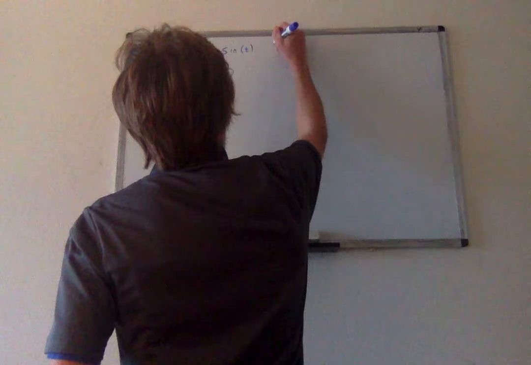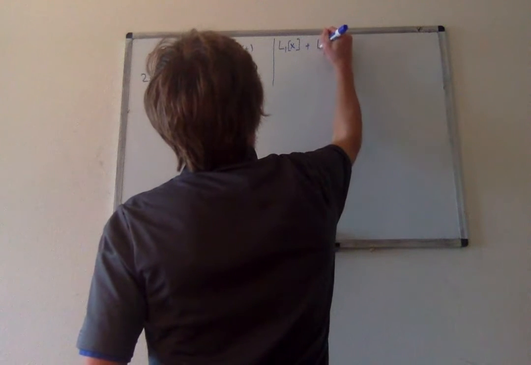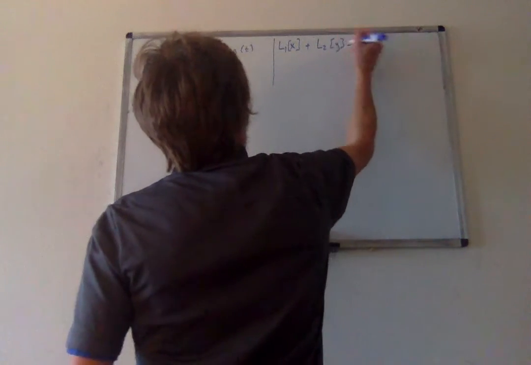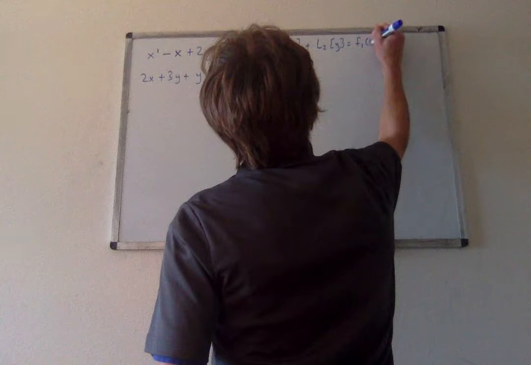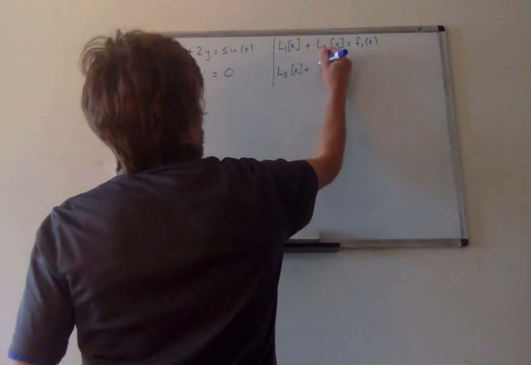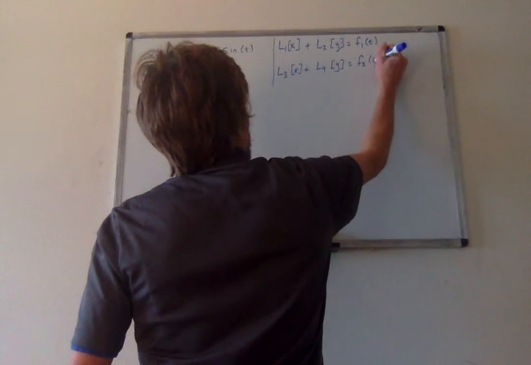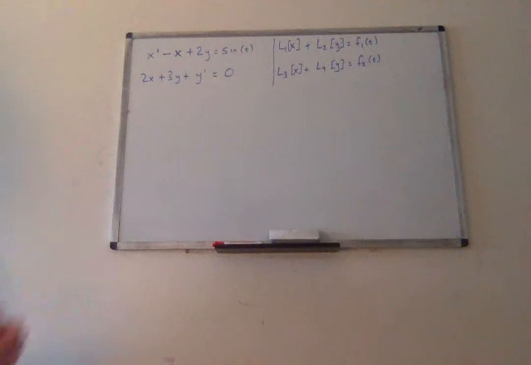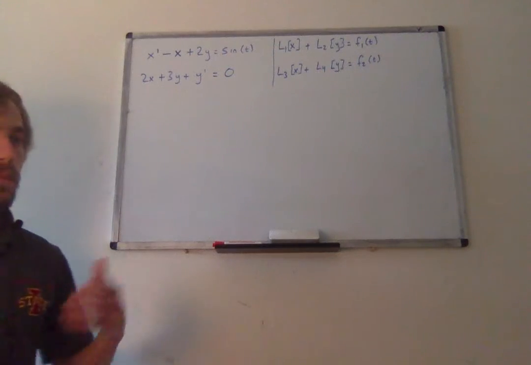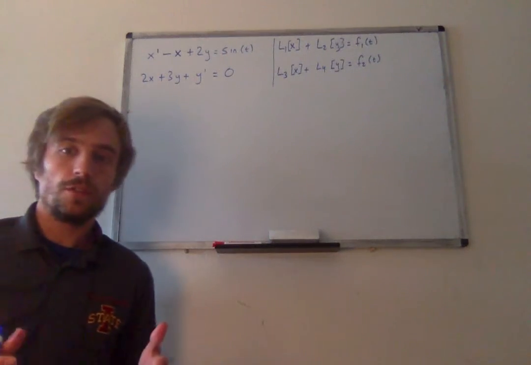So what we're going to do is rewrite it in this form, where L1, L2, L3, and L4 are differential operators, telling us what order derivatives should appear in each equation for x and y. F1 and F2 are just functions of t.